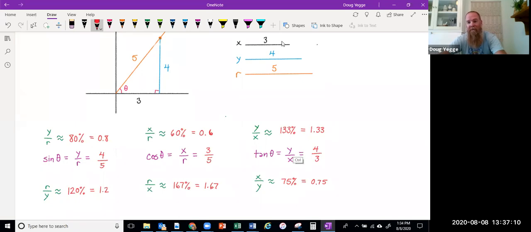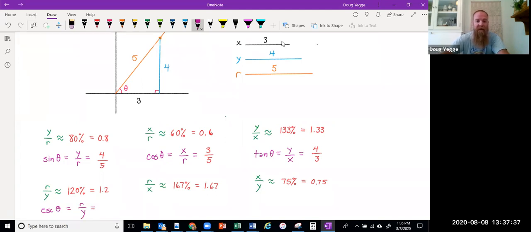So each of these function values that we're getting for our trigonometric functions are literally just ratios of two sides. And it's our job in trigonometry to memorize this, to know this, and to understand that each of these ratios that have these really peculiar names, sine, cosine, tangent, and so on, are nothing more than particular ratios of sides.